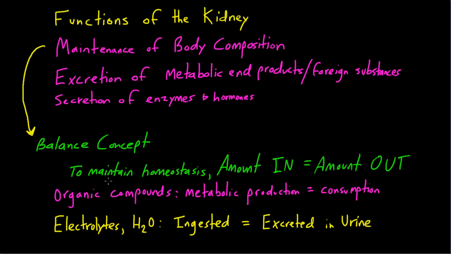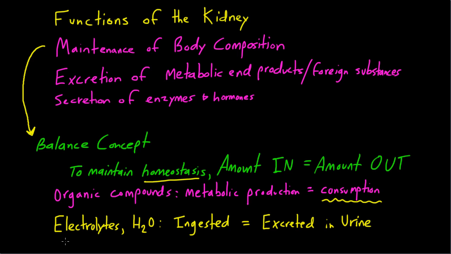So in order to maintain homeostasis of these different parameters, basically the amount that goes into the system has to equal the amount that comes out of the system in order to keep this value stable. Disease occurs when this is imbalanced a certain way. So a lot of organic compounds, usually they're produced through metabolism and then they're consumed or excreted in some way. That's how balance is maintained.